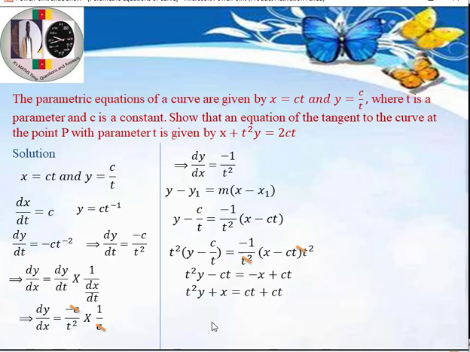So we have x plus t squared y equals 2ct, and that's what they have asked us to prove. We can therefore conclude that the curve given in that parametric form will have a tangent of x plus t squared y equals 2ct at a point P with parameter t.